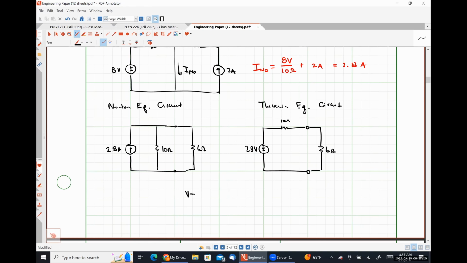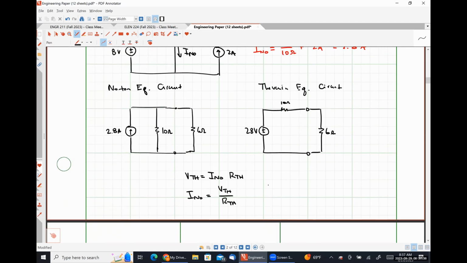All right, so fundamentally then, we know that the Thevenin voltage is equal to the Norton current times the Thevenin resistance. We know that the Norton current is equal to the Thevenin voltage divided by the Thevenin resistance. And because I'm running out of room, I'll just put this one over here.